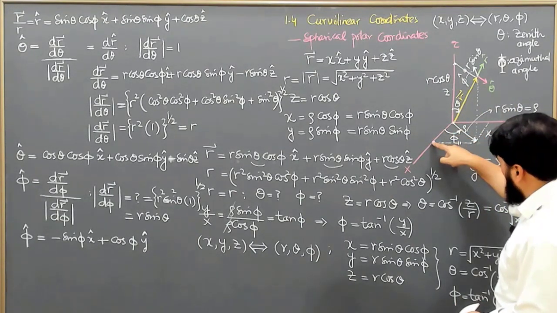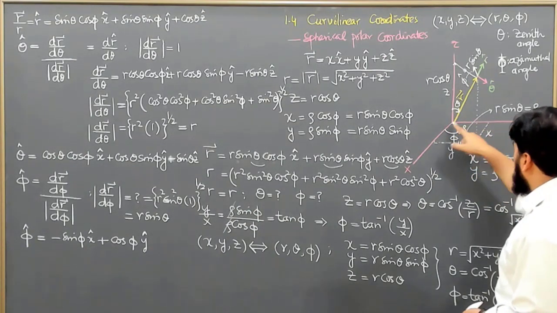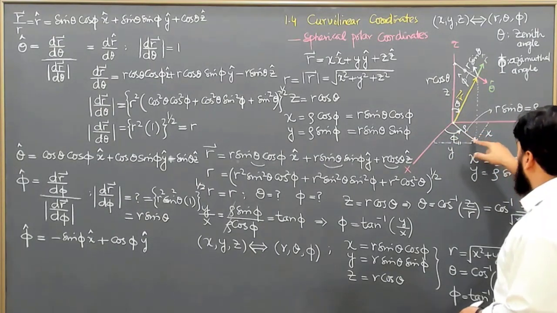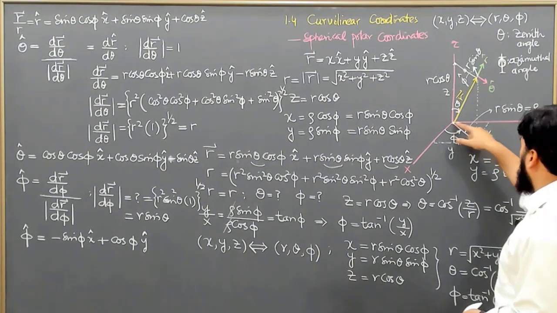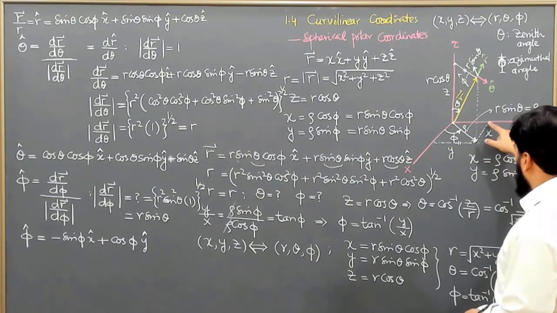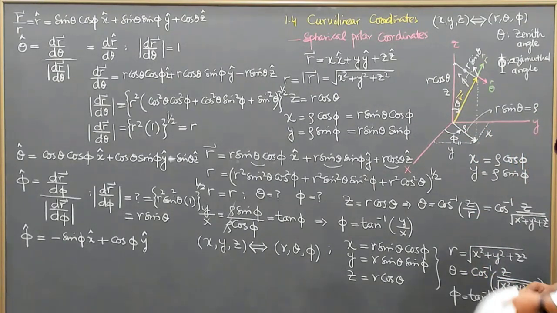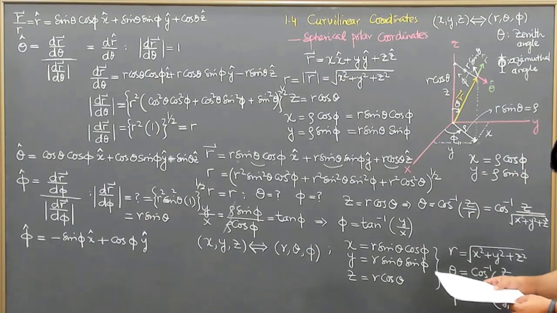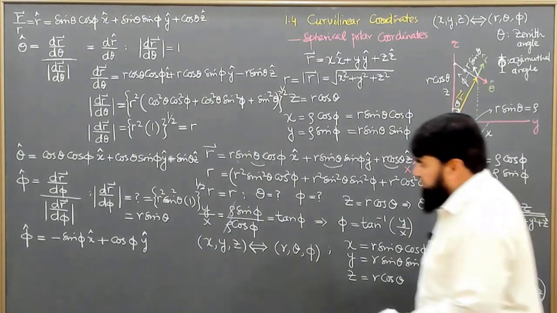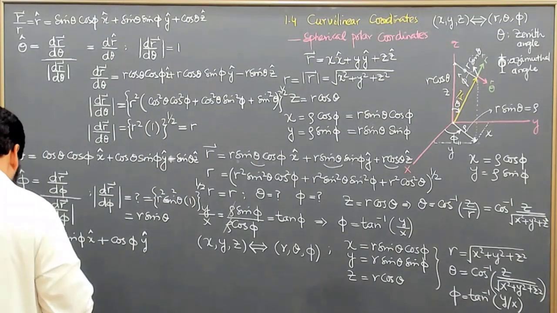So this component and this component we will have like this. We have minus sine phi in x and plus cos phi in y, which is the unit vector of this one.